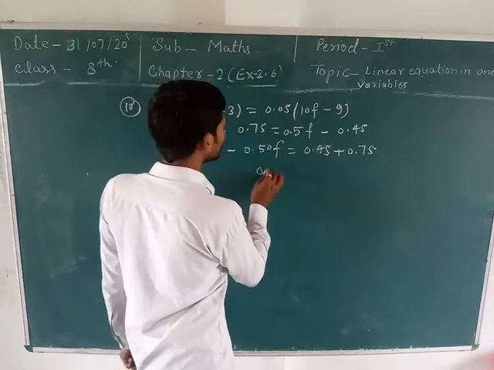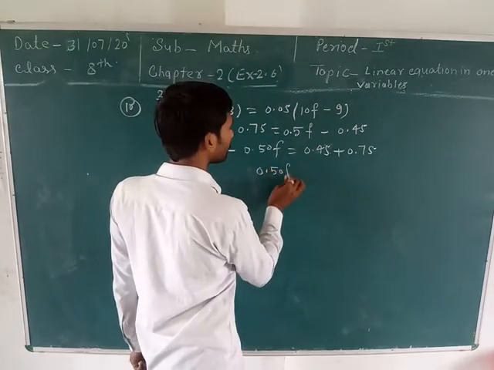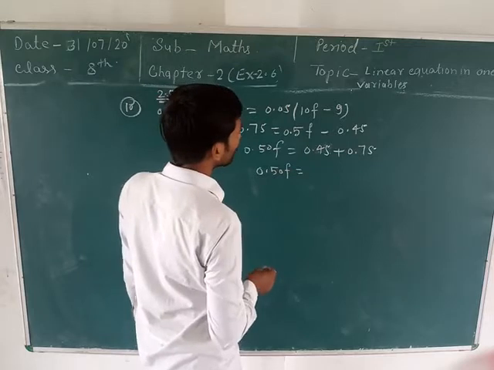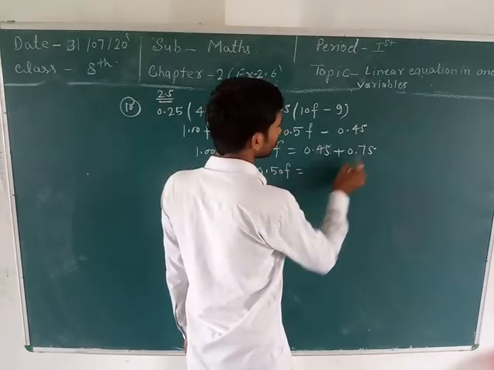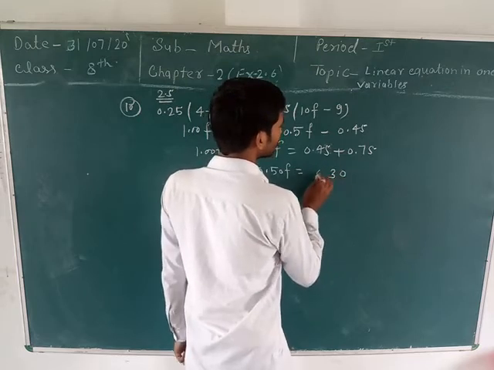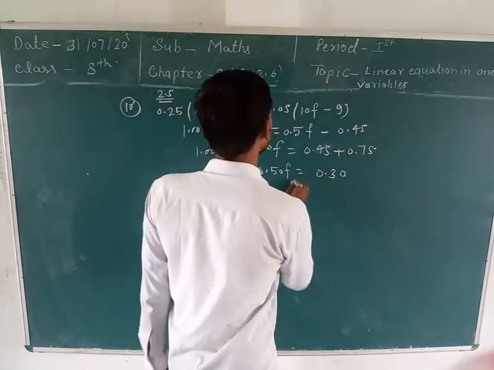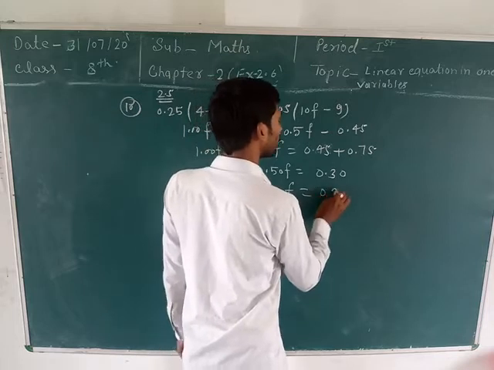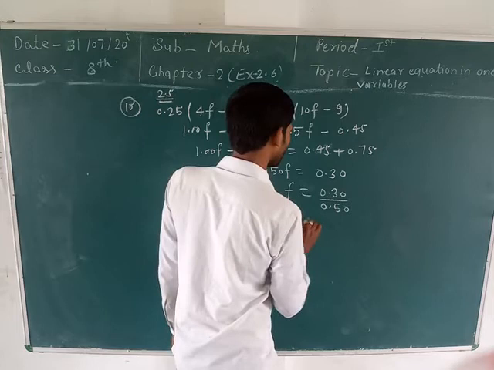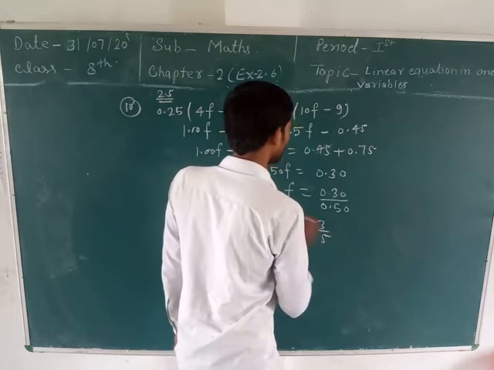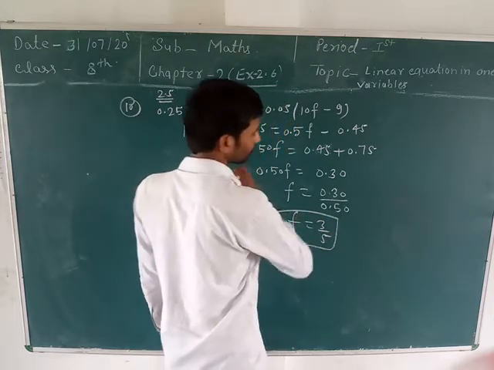Now we have 0.50f equal to 0.30, then f equal to 0.30 upon 0.50 and f equal to 3 upon 5. This is your answer of this question.